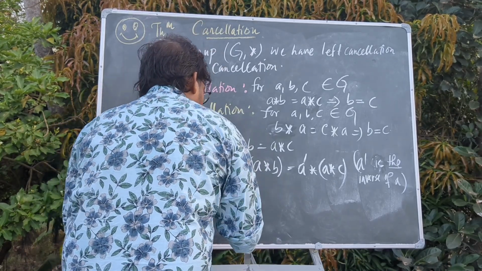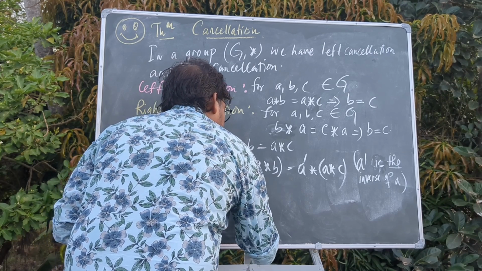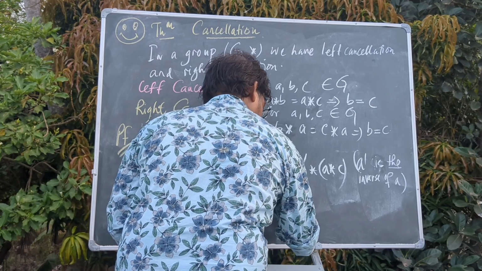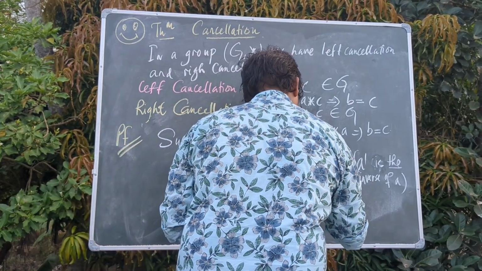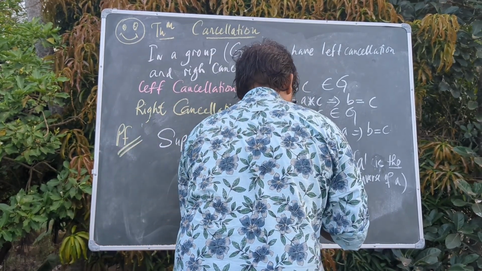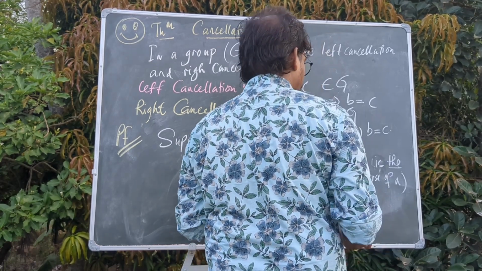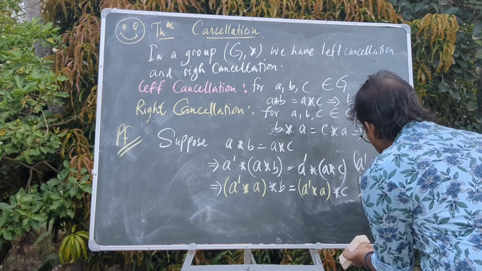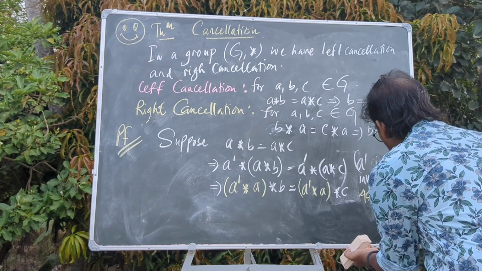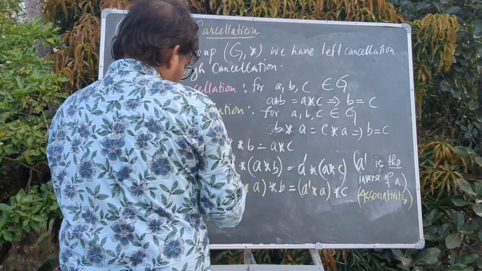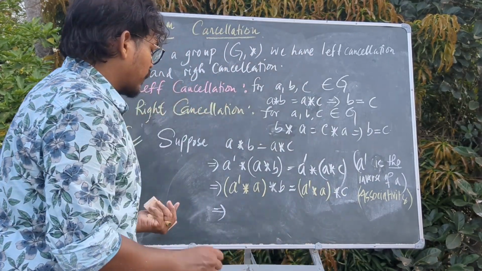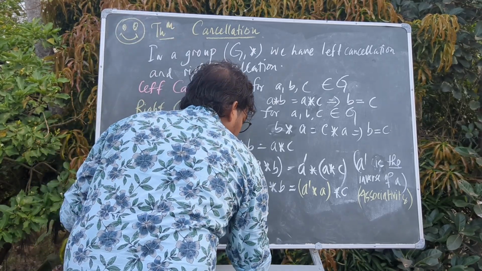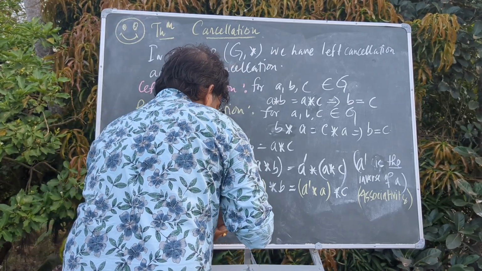Now I can use associativity. By using associativity, now what we have, this one is the identity e.